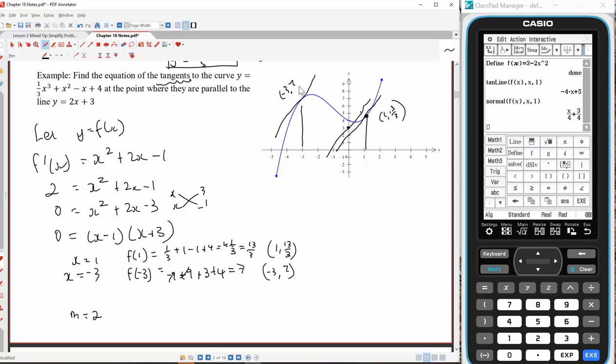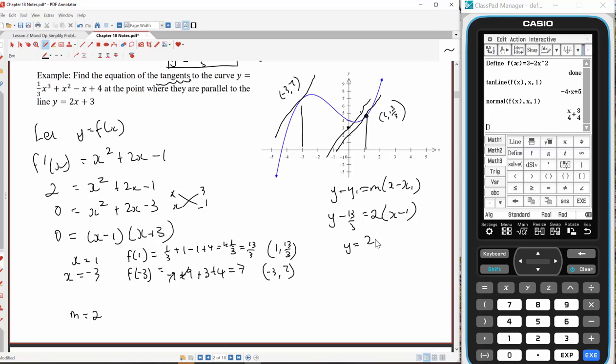So -3, 7. Now we'll use our formula y take y1 equals m times x take x1. Let's do it for this one first. So y take 13 on 3 equals 2 times x take 1.